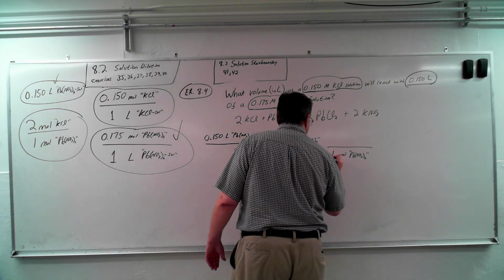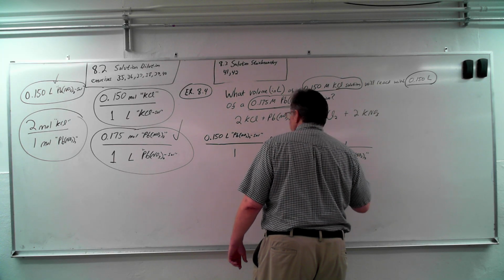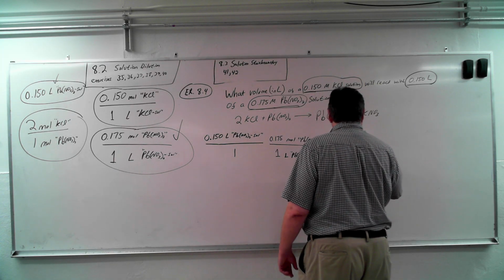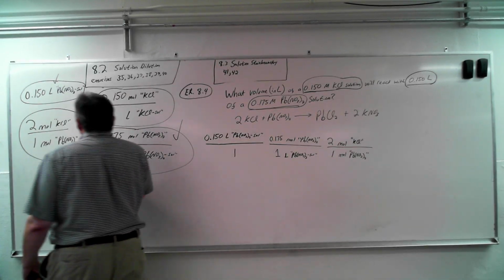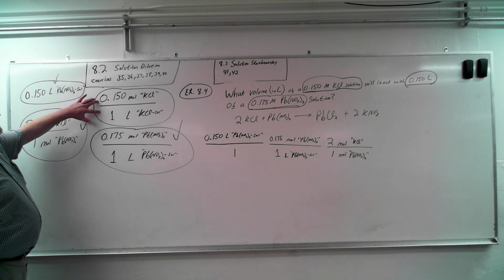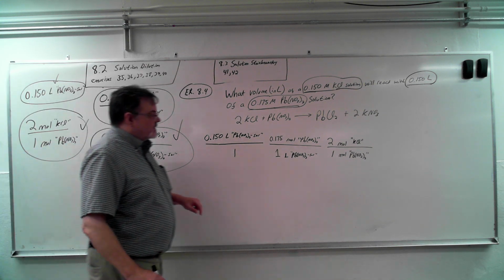So 1 mole of Pb(NO3)2 to 2 moles KCl. So we've used this, and we're down to here. We need moles of KCl on the bottom, so I'm going to put that on the bottom next.